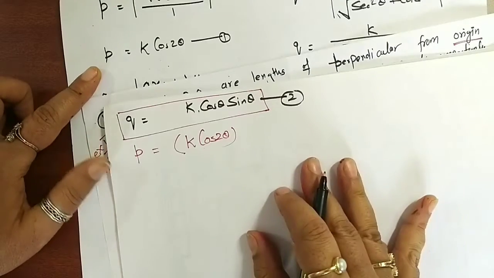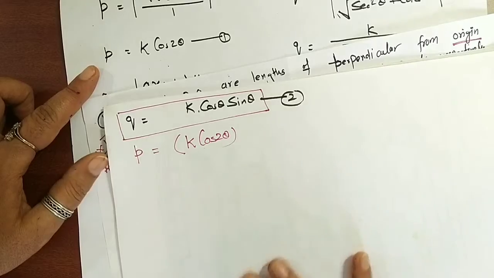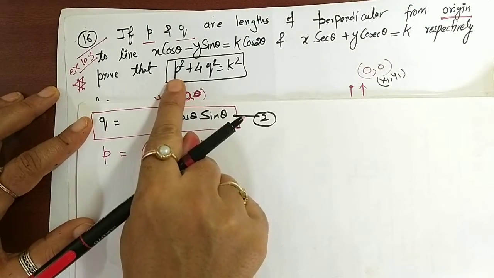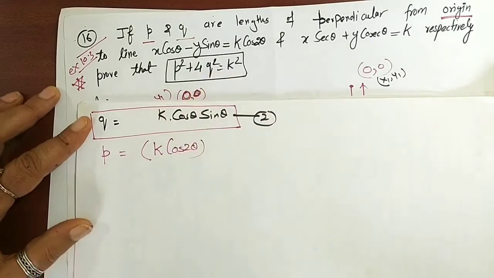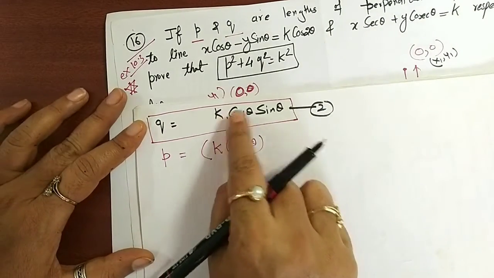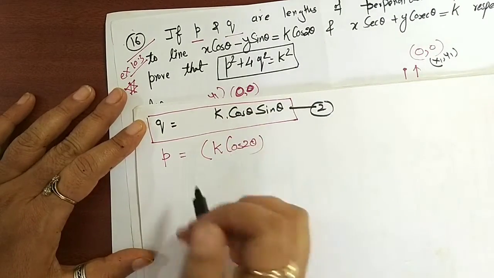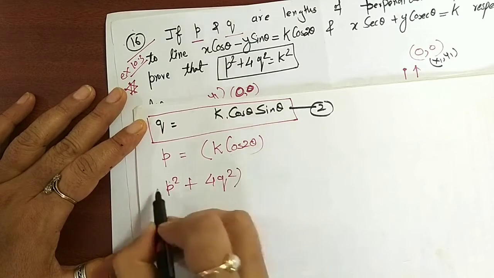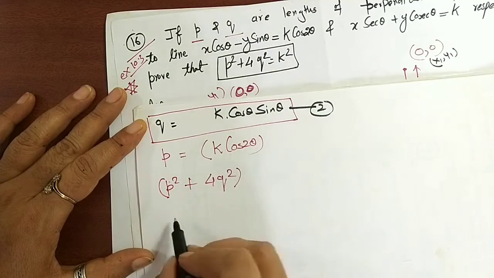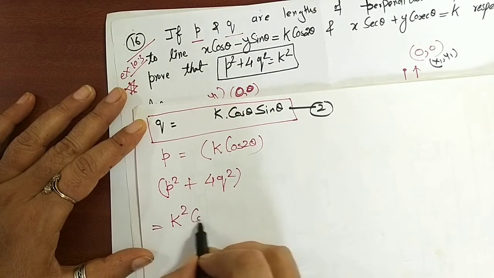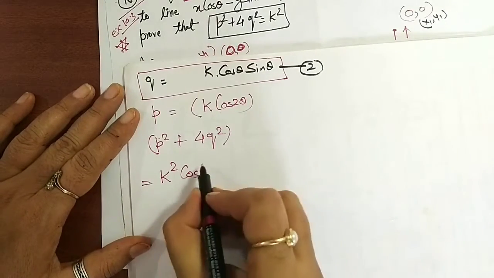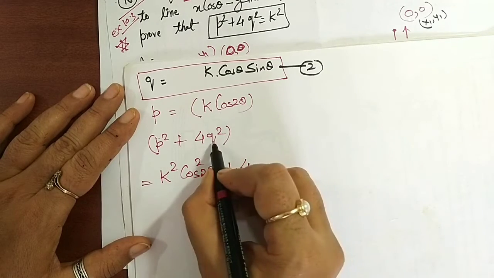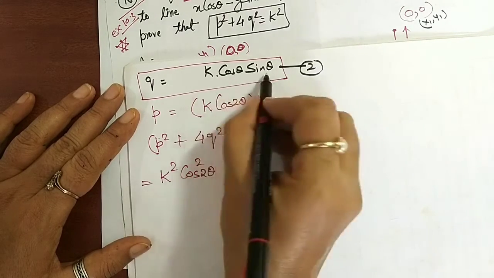Okay, what I have to prove is p square plus 4q square is k square. So let me put the values of p square and q square. So p square plus 4q square I need. So p square is k square cos square 2 theta plus 4q square. So what is q? Q is this.